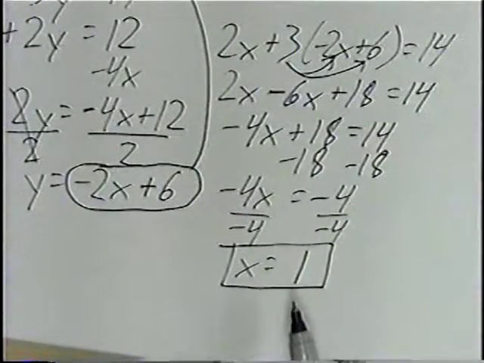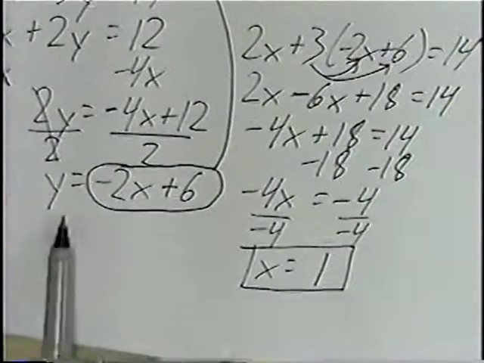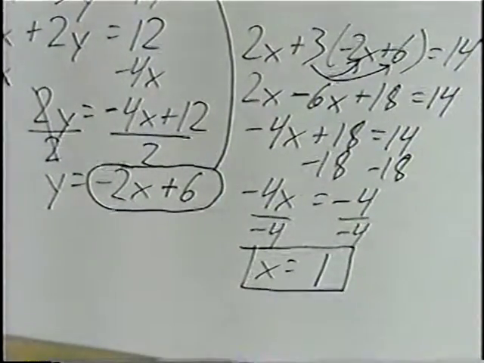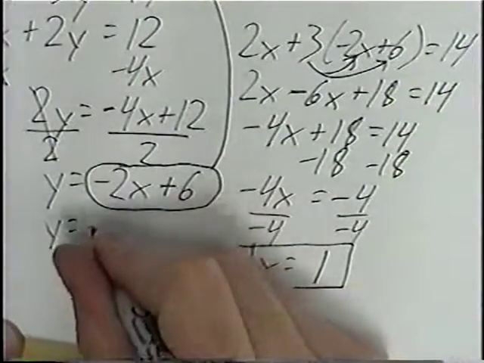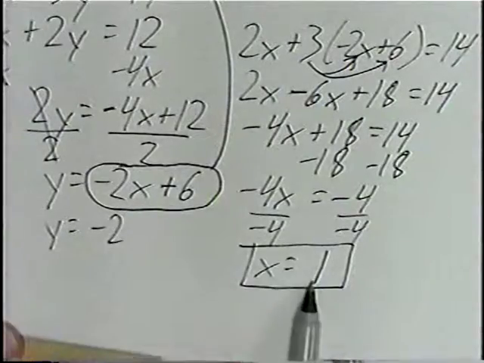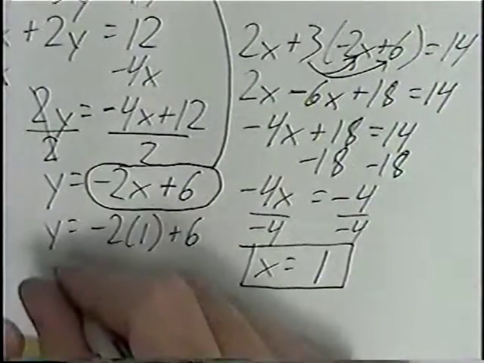Solving for y, you can use any of the first two equations to solve. We can also use the equation that we simplified to use for substitution. If we use this equation, we'll have y equals negative 2x, but instead of x, we can replace that with 1, plus 6.